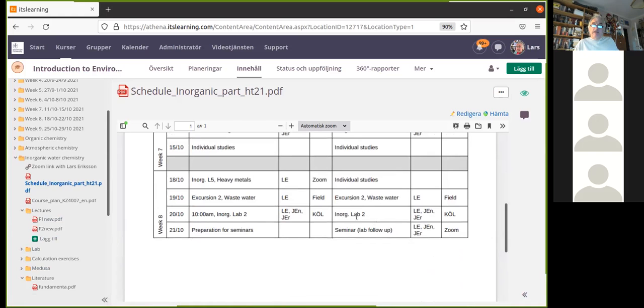And then we have a seminar here on the 21st. That is in principle a follow-up on the labs, because you should write some report for the labs, and you don't have to write a long article with a lot of history and such things, but more or less report the results of the lab. I suppose this is stated as Zoom here.